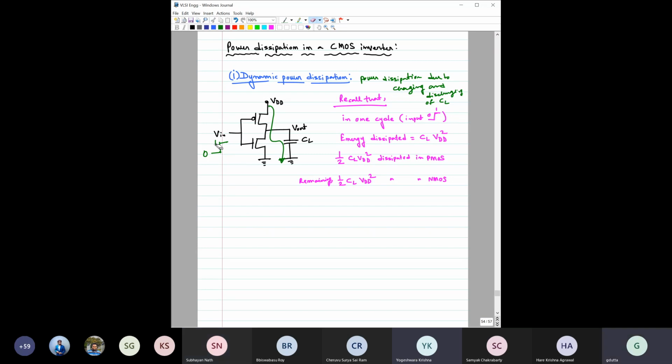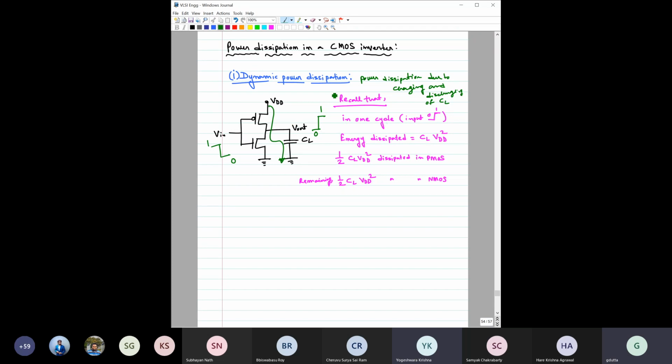Then probably I should make a small change here. So the input is 1 to 0, and as a result, the output is changing from 0 to 1. So the output capacitor is basically charging.